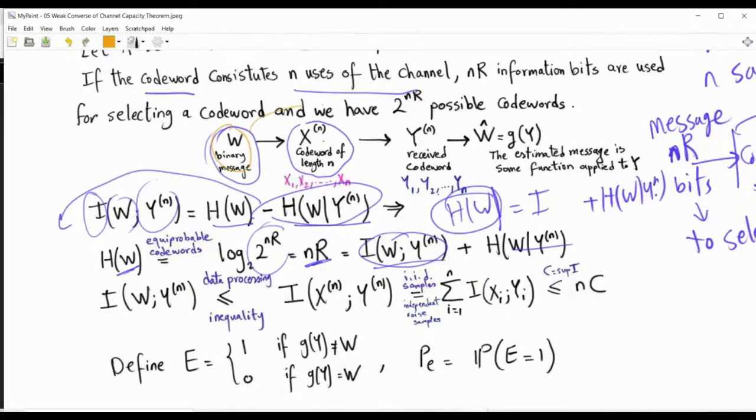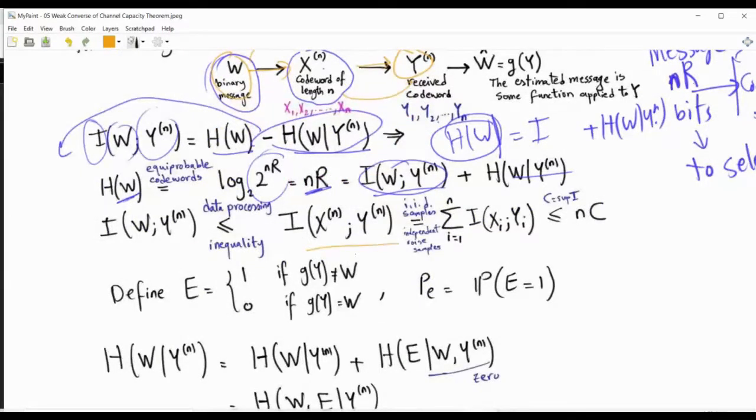Because we have two channels in the way, the mutual information between W and Y is less than or equal to the mutual information between X and Y. You can show from the definition of mutual information that, under some conditions, for a sequence of random variables and another sequence, this mutual information is the sum of the mutual information between each X and each Y. Each such term is upper bounded by C, which is by definition the maximum.